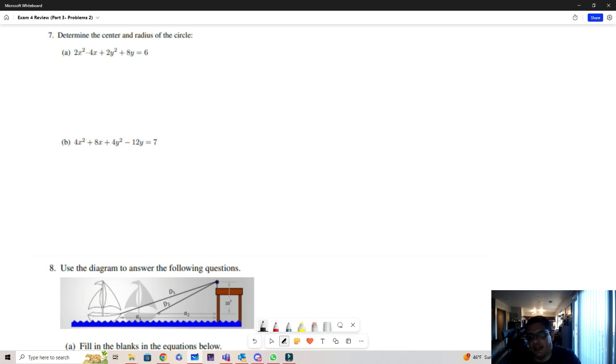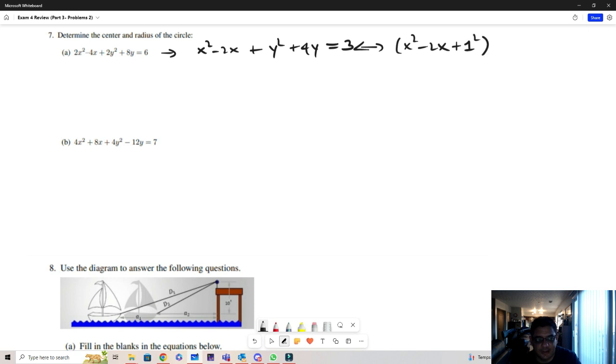If we do that, we get x squared minus 2x plus y squared plus 4y equals 3. Now at this point, we have the equation how it's meant to be for completing the squares. We set that up as x squared minus 2x, and if we divide by 2, we get 1, so 1 squared is what we're going to add.